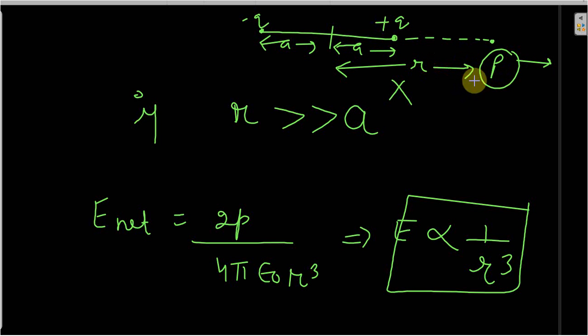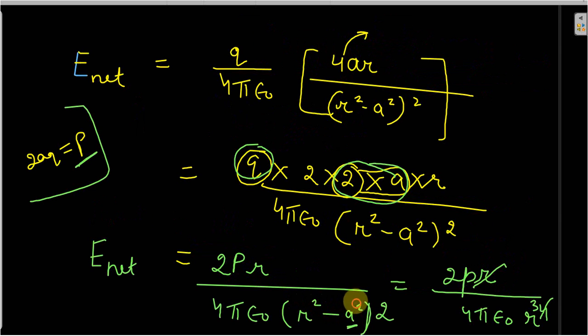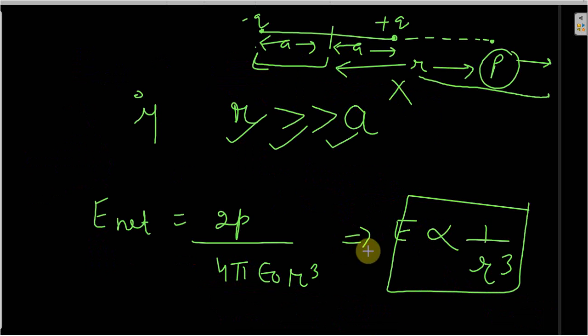If you move P away from the dipole, this distance r will increase, and if we apply the condition that r is very much greater than this small distance, in that case you can neglect the a. When you are neglecting the a, don't write it, put it 0. So what you will get? Only r will be left, and after this you will get this. This is the net electric field on the axial line.